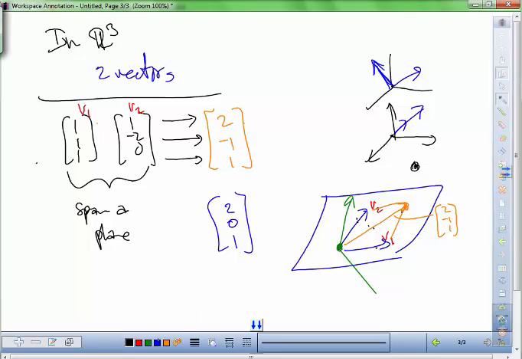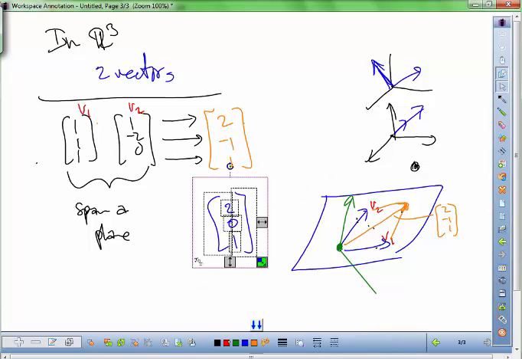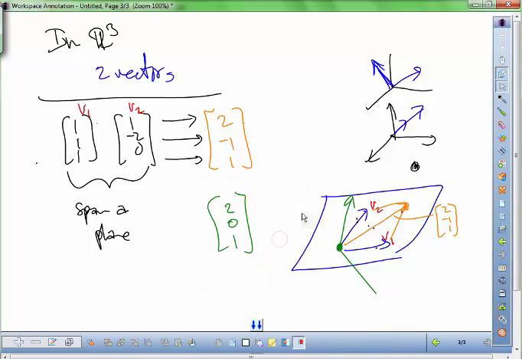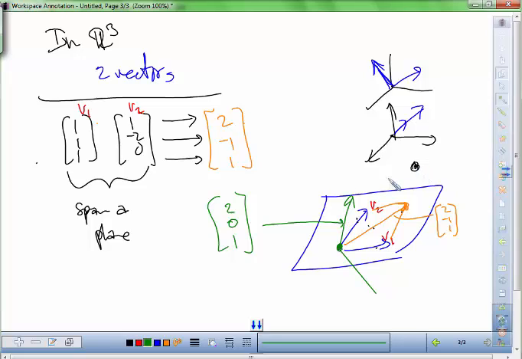Right. So this new vector is not on the plane, and so given any point in space, I should be able to get to that by a scalar multiple of this new vector and then the original two vectors.